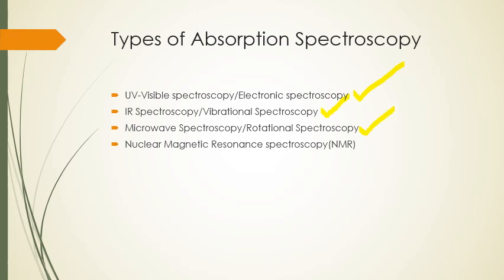Then nuclear magnetic resonance spectroscopy, that is NMR. So there are various kinds of absorption spectroscopy on the basis of the radiation which we are interacting with the sample, and seeing the absorption spectra.